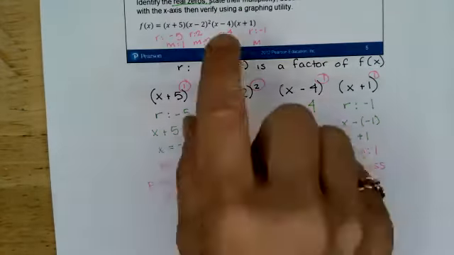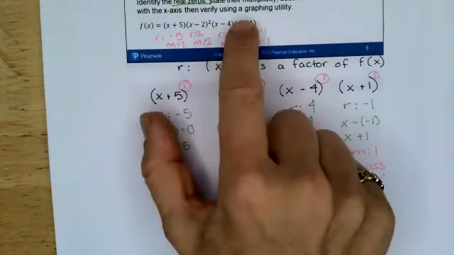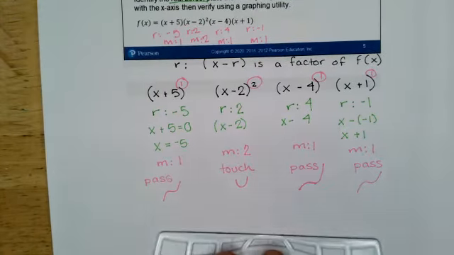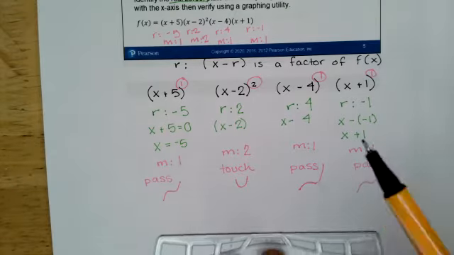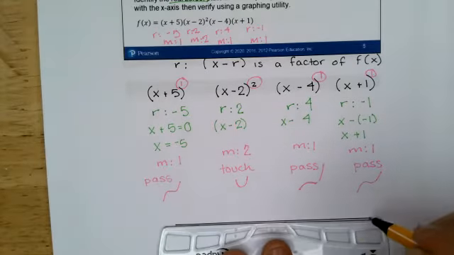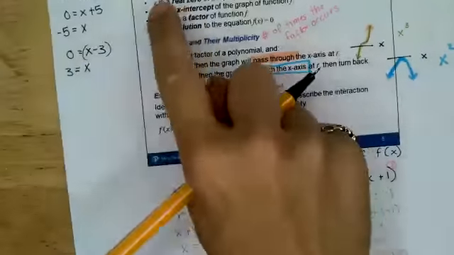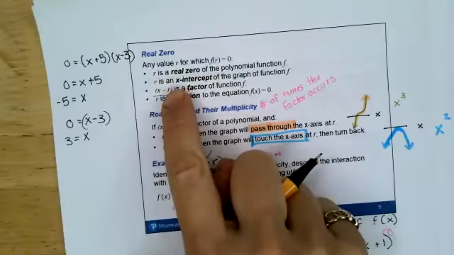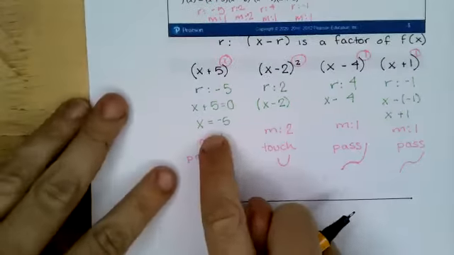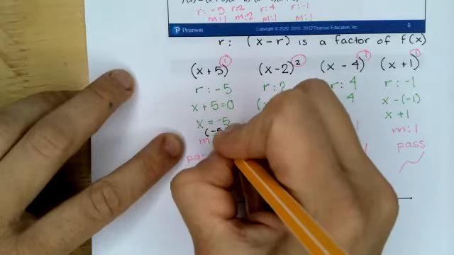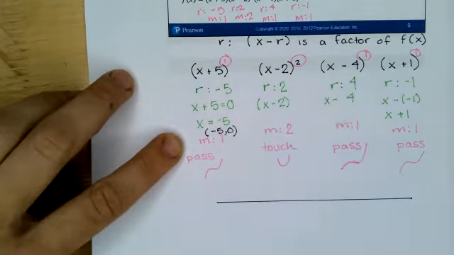Now, describe the interaction with the x-axis and verify using a graphing utility. I should actually. Let's imagine now, okay? R is a real zero, it's an x-intercept. So that means there is an x-intercept at -5, and it's going to pass through at -5.